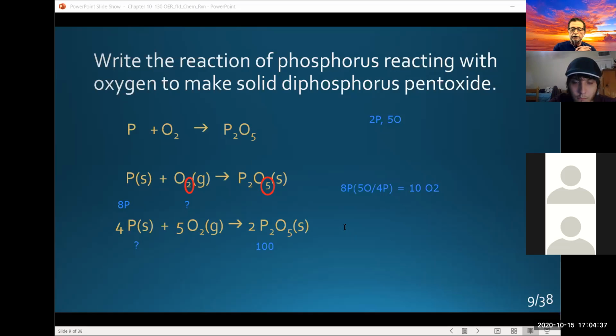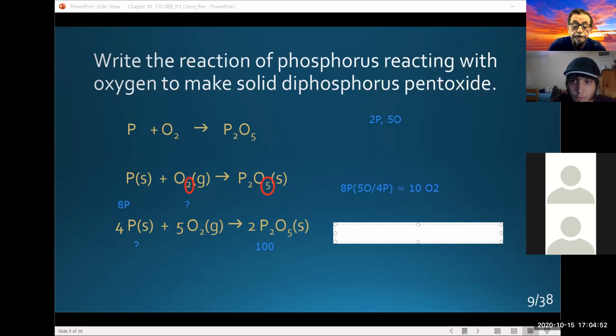Go ahead. Anybody want to take a gander at that number? Would it be 200? 200. Okay, well, let's work it out. Let's find out. All right, so what am I given? I'm given 100, and remember, I don't have subscripts here, P2O5, correct?